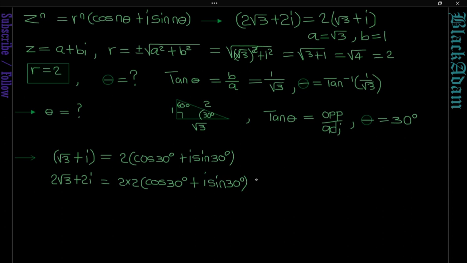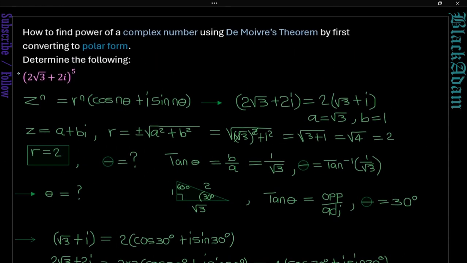We can't convert them to ratios yet, because we need to use the power n, which is power 5.